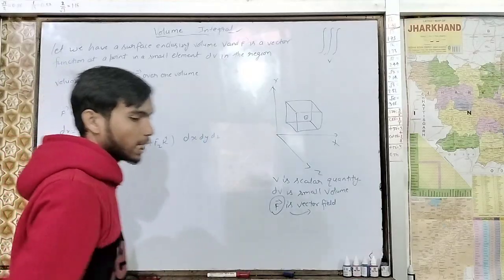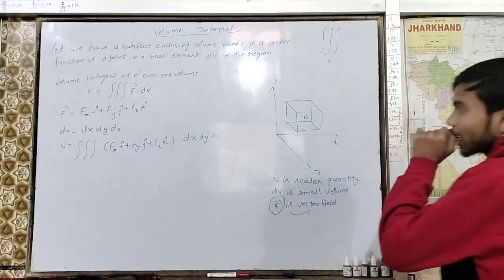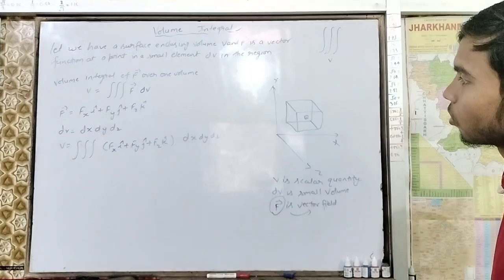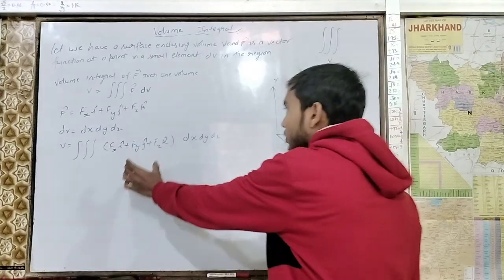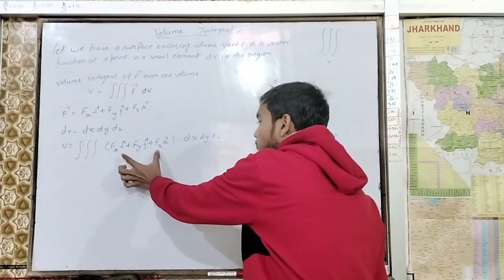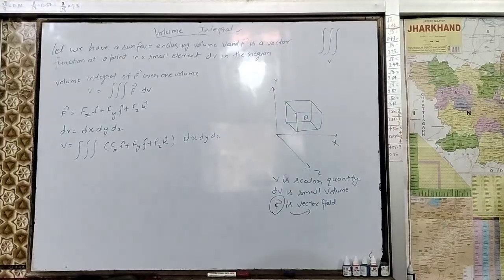How did it come? It came for a small length, height, width, for a small volume, and this is the location of a vector function point. Clear? That's it.